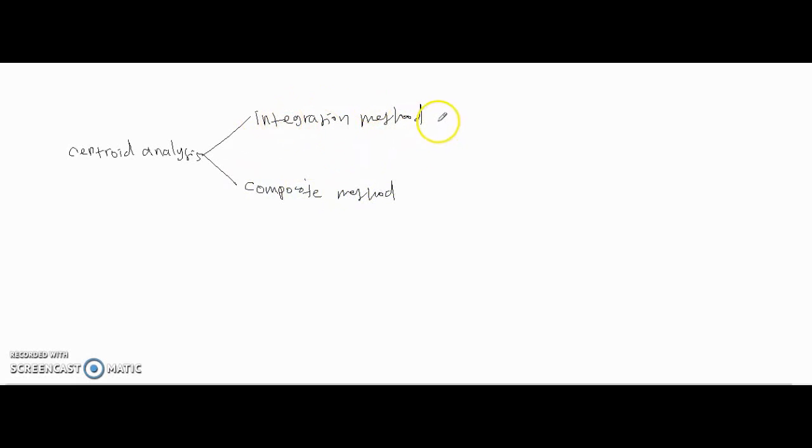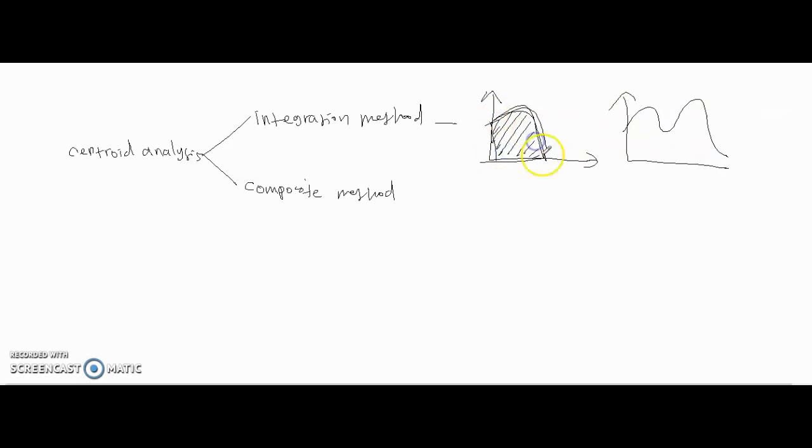This one is particularly for uneven shapes. Let's say we have a shape like this, or like this one, or whatever shape. We need to do the integration along this shape to get the amount of the force by calculating the area, and after that we find the x bar and y bar to find the location of the gravitational force, somewhere around here.